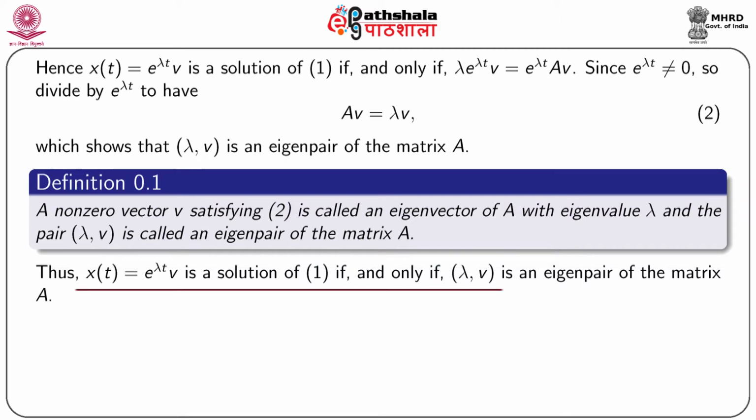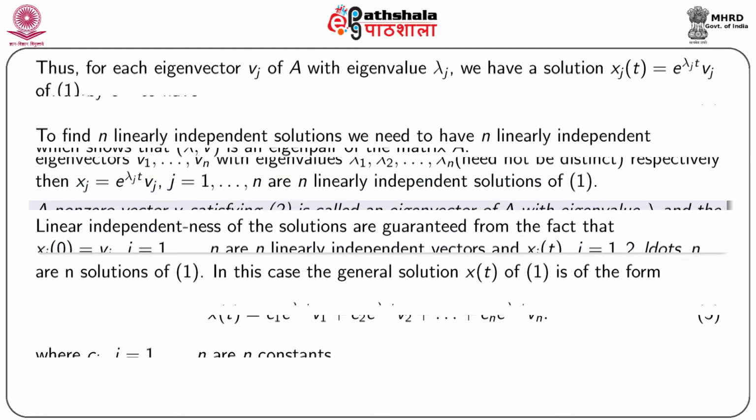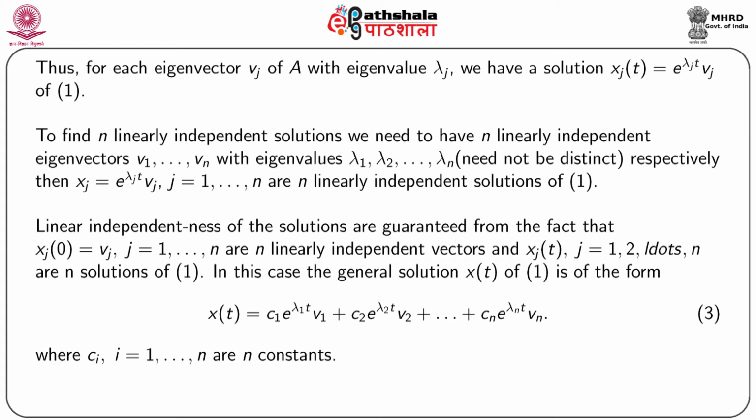Thus, x(t) = e^(λt) v is a solution of 1 if and only if (λ, v) is an eigenpair of the matrix A. Thus, for each eigenvector Vj of the matrix A with eigenvalue λj, we have a solution xj(t) = e^(λj t) Vj of 1.